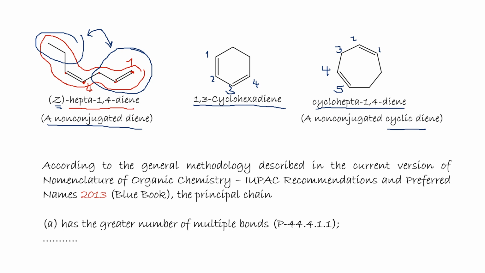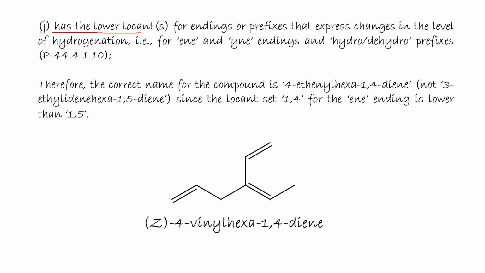According to the general methodology described in the current version of Nomenclature of Organic Chemistry, the IUPAC Blue Book, from 2013, we have to select, as we said before, the chain with the greatest number of multiple bonds. It has the lower locants for endings or prefixes that express changes in the level of hydrogenation, where is a double bond and where is a triple bond.